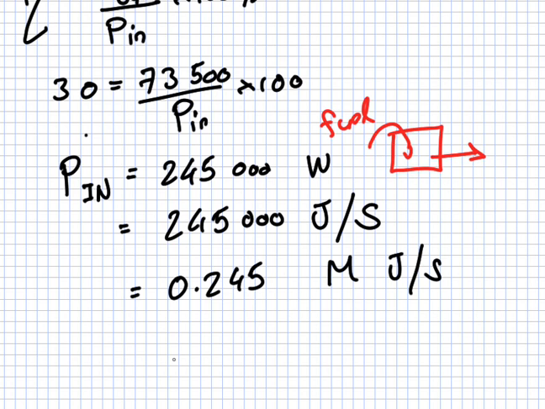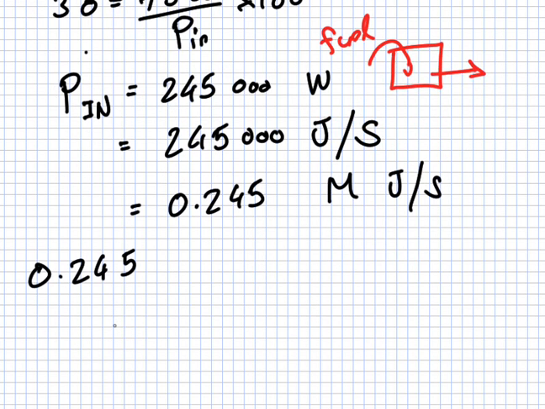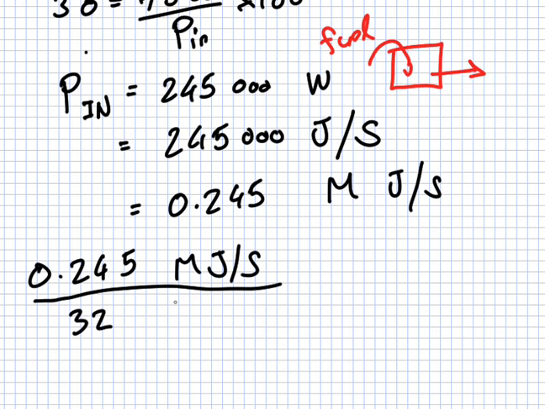And if the car was doing 16 megajoules per second, how many would it need? It would need a half. So what would you need to do to this number to work out how many litres per second you would need? So 0.245, what should I do to this? Yeah, this is megajoules per second, and I should divide it by 32 megajoules per litre.